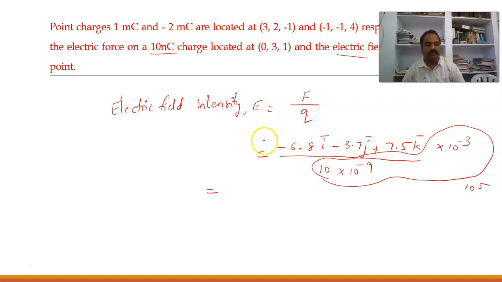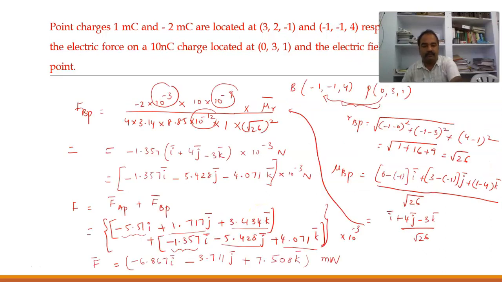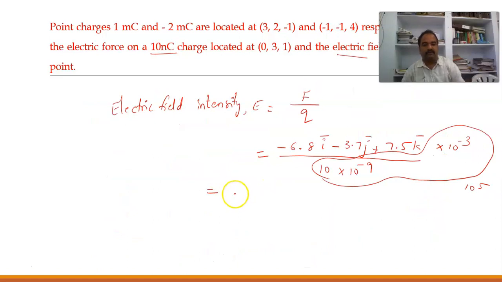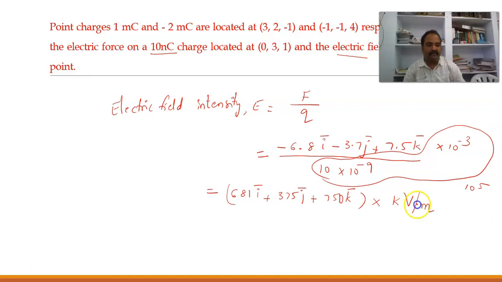You are supposed to multiply this, so I take 681 i bar plus 375 j bar plus 751 k bar, having multiplied with 10 square, I am still remaining with 10 cube. So I will write it as kV per meter. So this is my electric field at P.